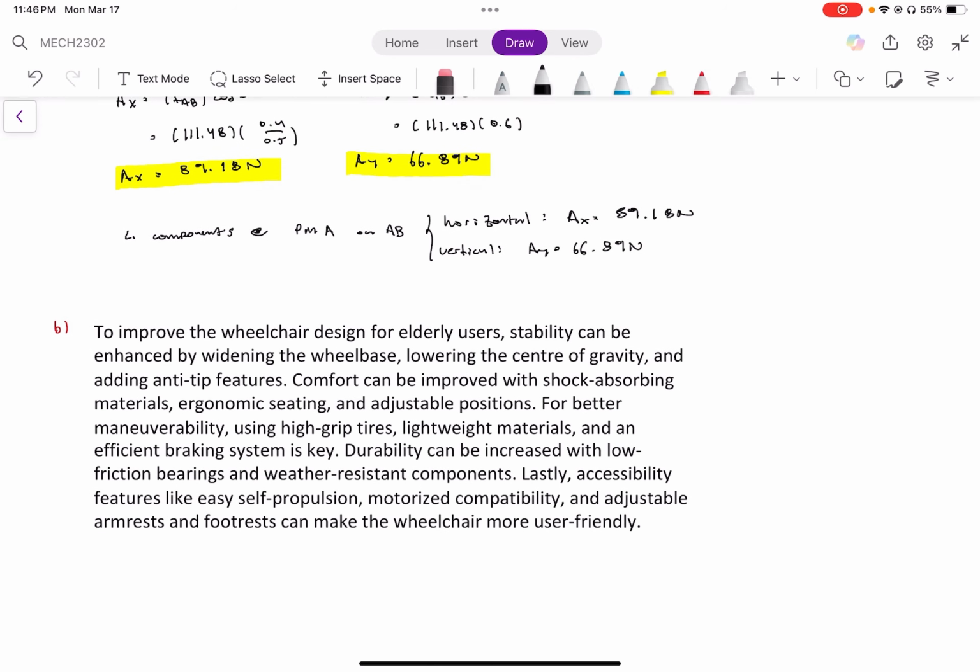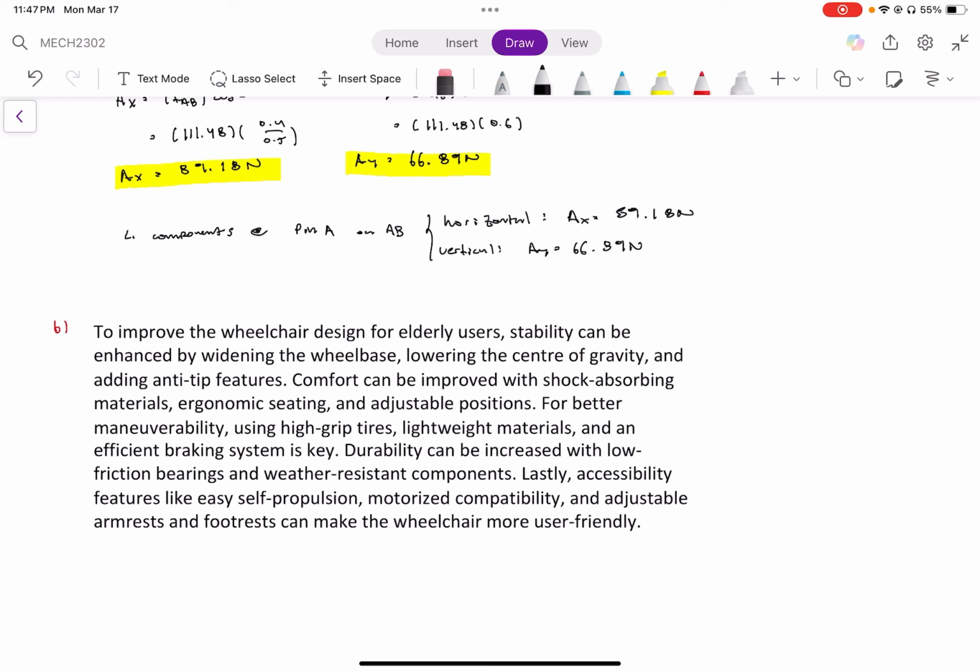So part B: in order to improve wheelchairs designed for the elderly, stability can be enhanced by widening the wheelbase, lowering the center of gravity, and adding anti-tip features in case they fall over. Comfort can be improved with shock-absorbing materials, ergonomic seating, and adjustable positions because of old age.